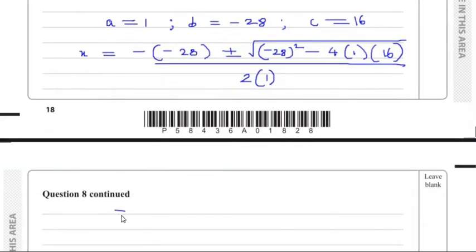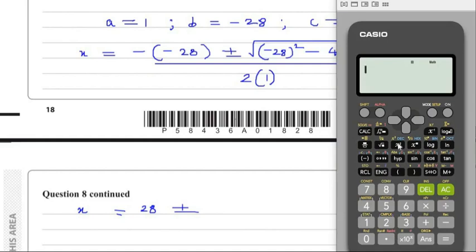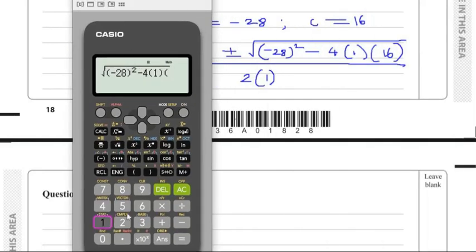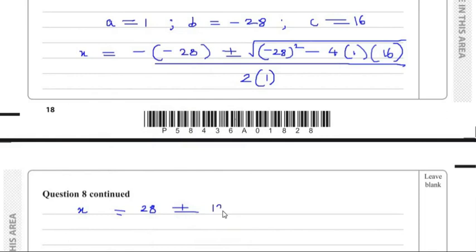So let us see, this becomes x equal to minus of minus becomes plus 28 plus minus, let us check what we get under the square root. So it is square root of minus 28 square minus 4 times 1 times 16. So we get it as 12 root 5. So it is plus minus 12 root 5 over 2.